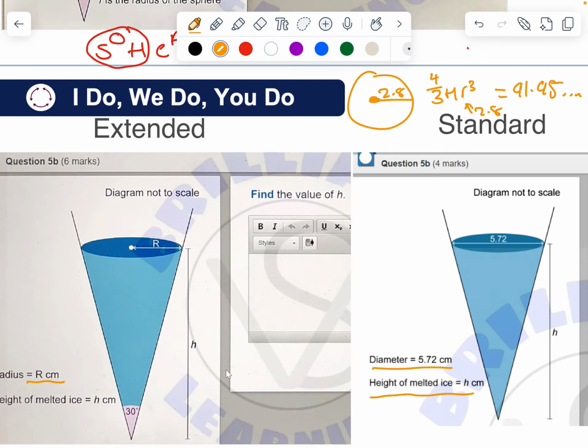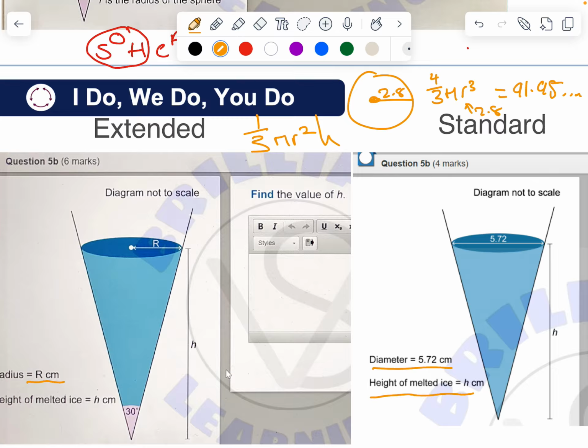Now I'm going to go to the standard one, but it's still the same for both. So if the volume of the water is the same as the sphere, what is the volume of the cone? The volume of a cone in the formula page again is 1/3 pi r squared h.